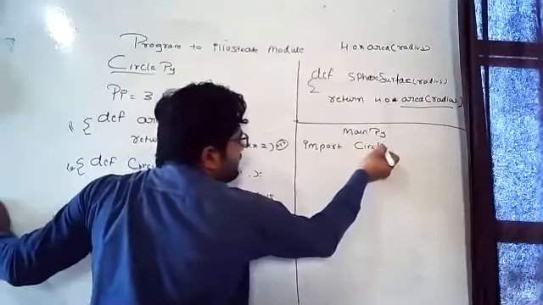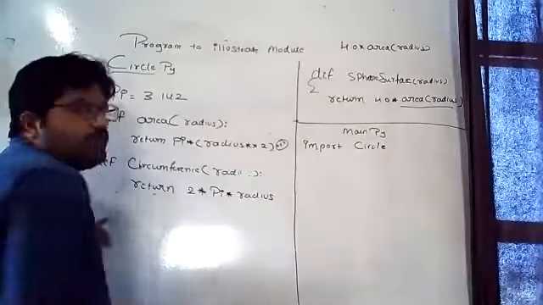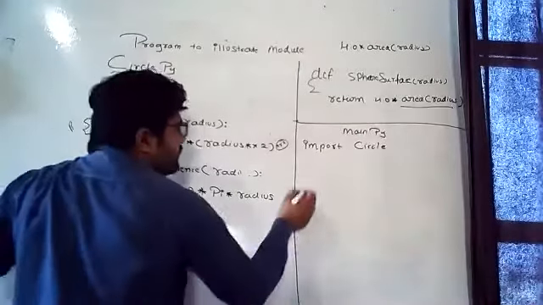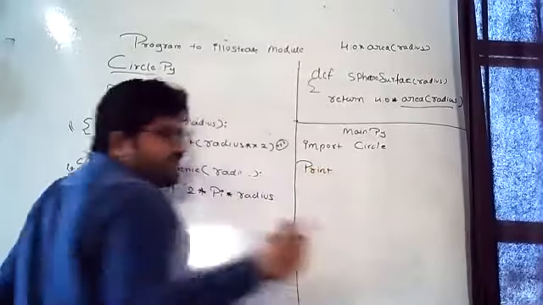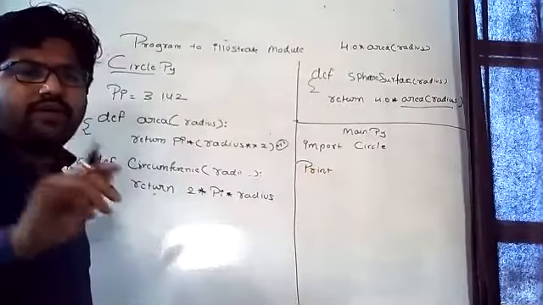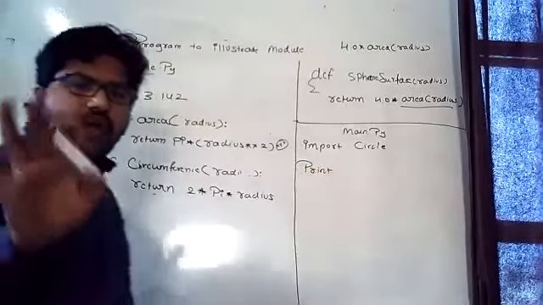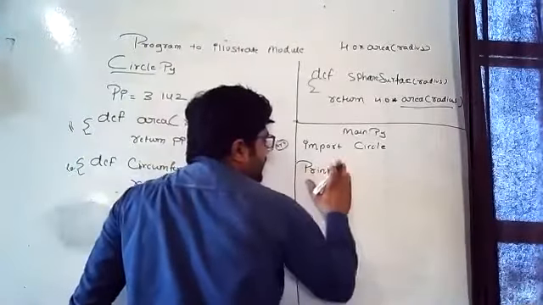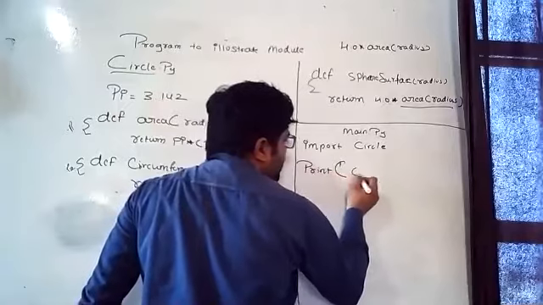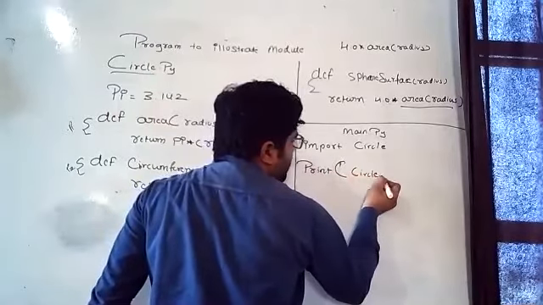Circle. Just do one thing, that is print. You need to just pass the values. You are not going to enter any values here. Print circle dot.